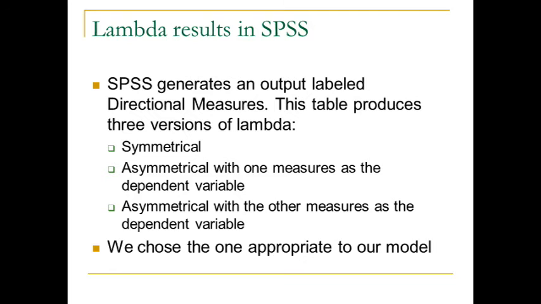We aren't going to be doing SPSS training in the YouTube course, but just so that you guys know, if you do use SPSS or other statistical packages to assess crosstab data and to produce a lambda or other PRE, you are going to be able to look at it in terms of a symmetrical relationship, an asymmetrical relationship with one of the measures as the dependent variable, and another asymmetrical relationship with the other measure as the dependent variable.